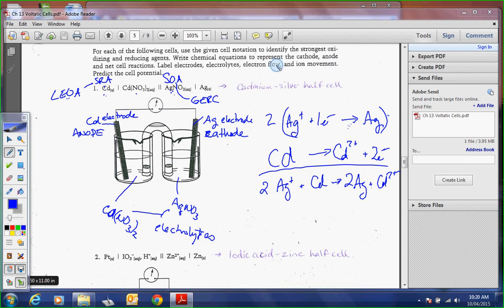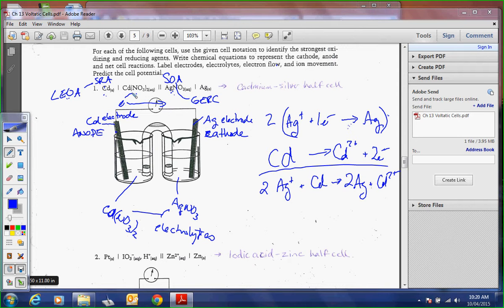And the electron flow. Electrons flow from, everybody? Anode to cathode. Have you got that memorized yet? Electrons flow from the anode to the cathode. Because I've put the anode on the left here, there's my electron flow. It's going that way in the wire. Electrons go in the wire.